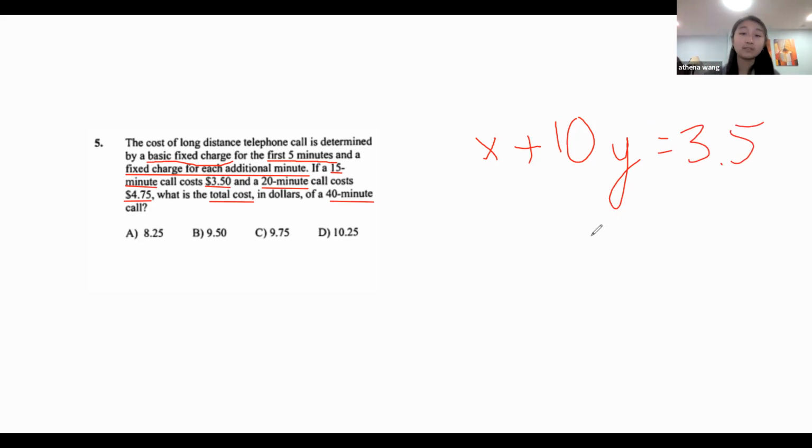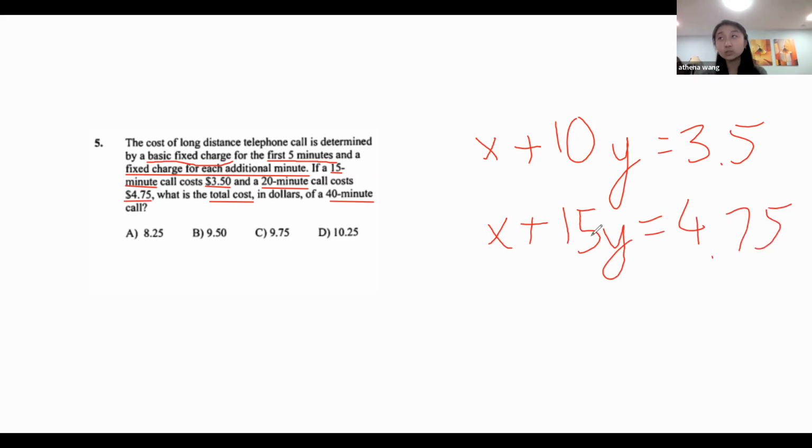For the next one, we have that the same fixed charge x plus 15y, because we have to always subtract that first 5 minutes. Okay, this is $4.75. Okay, and so I use my subtraction method. I just subtract. So 5y equals 1.25. So y equals 0.25.